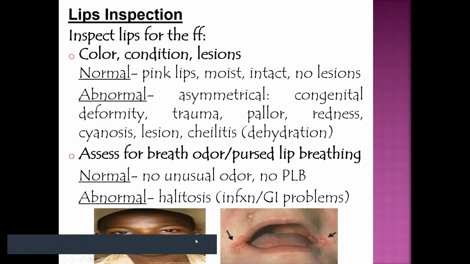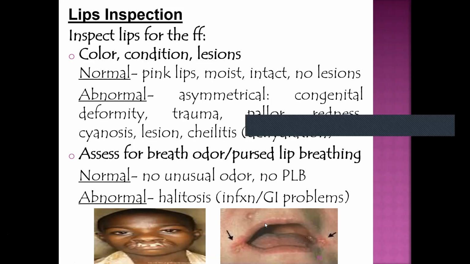Another example here is that you will see that there are lesions near the lips. Ayan, if you will see here, there are lesions, breakouts. These are also being assessed. And then in terms of the lips also, you might want to consider this kind of genetic abnormality where the nose is connected to the lips.